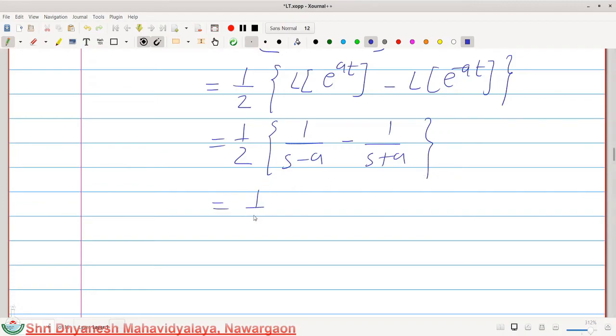And after evaluating this bracket, you will get in the denominator s square minus a square, and in the numerator 2a.